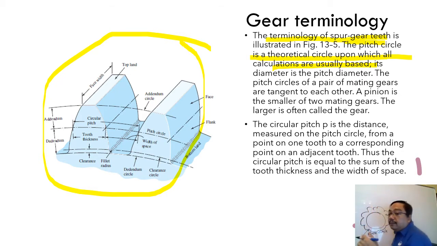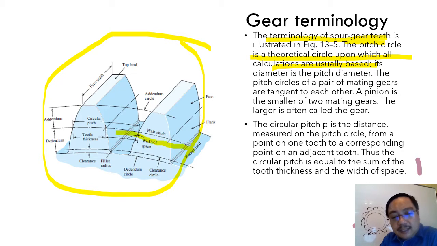Whatever comes out from the base circle is called a pitch. And the pitch diameter is the middle of the pitch. You can see in the picture, the location of the pitch circle is at the middle.